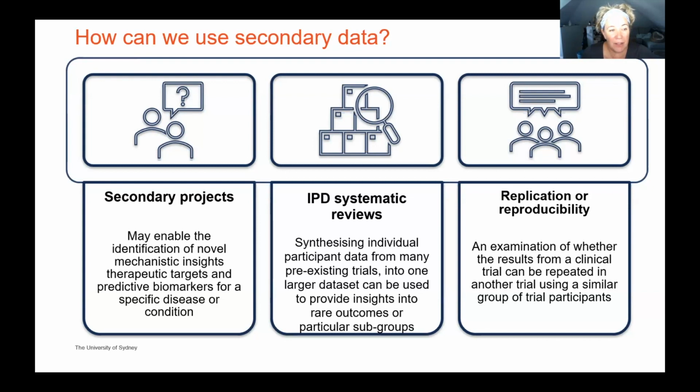And the first column here on the left of the screen, secondary projects, is probably my favorite way of reusing data, and that is to ask questions that are beyond and different from the original purpose that the data was collected for.